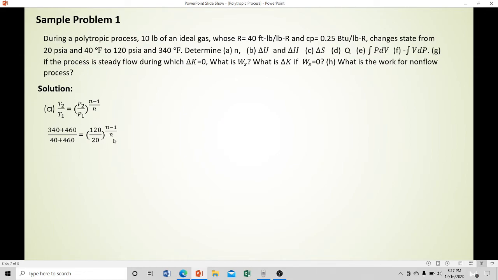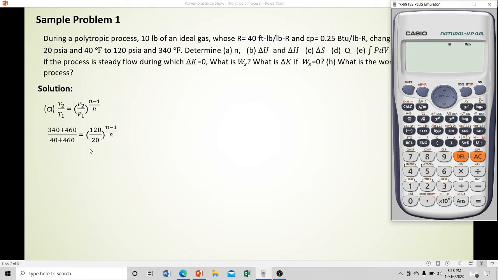So, by solving this, we are using the natural logarithm, to make the solving easier. So you just input ln of 340 plus 460 — it must be absolute temperature — over 40 plus 460, over the natural logarithm of the pressure ratio, so that the equation is divided and we get n minus 1 over n.